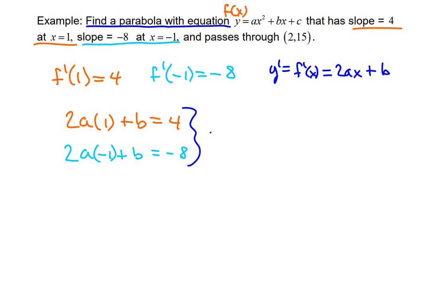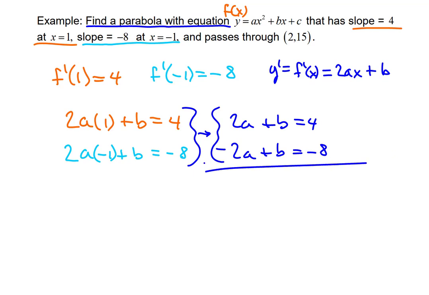If we rewrite this a little cleaner, this is the same as saying 2a plus b equals 4, and -2a plus b equals -8. This is set up perfectly for elimination. If we just add down, these a terms cancel, giving us 2b equals -4, which means b would be -2.